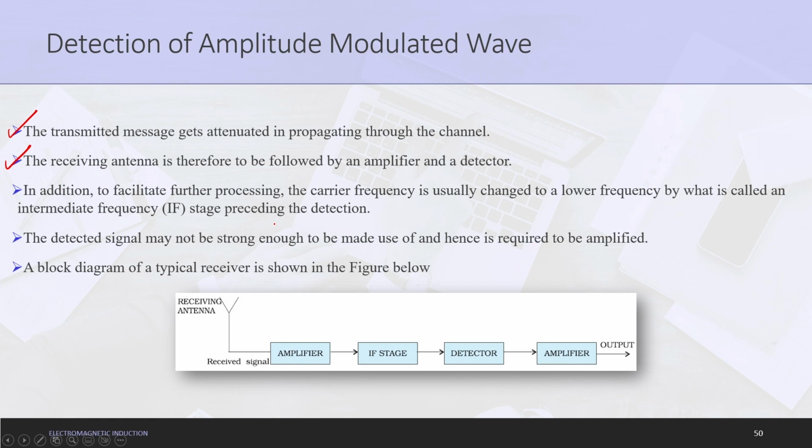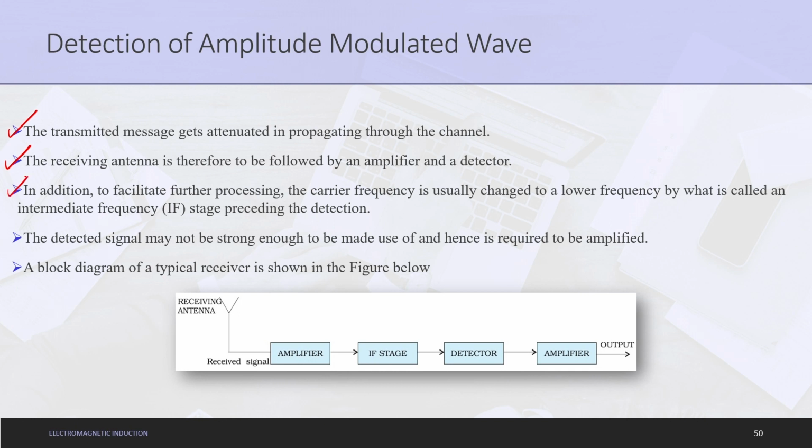So, just before detection there is a different device in which the carrier wave is changed from a high frequency to a low frequency. The stage in which this is done is known as an IF stage. IF stage is nothing but intermediate frequency stage, used before the detection.